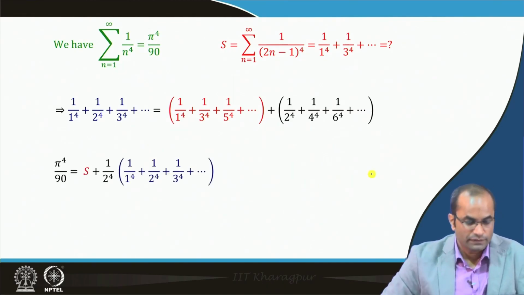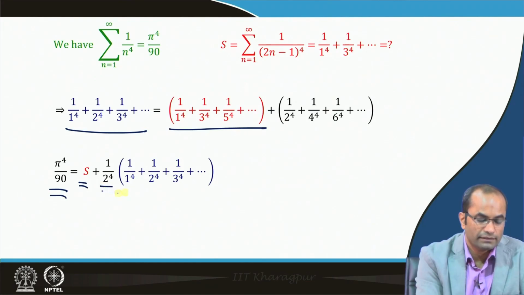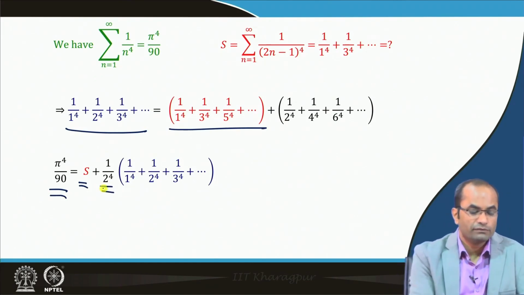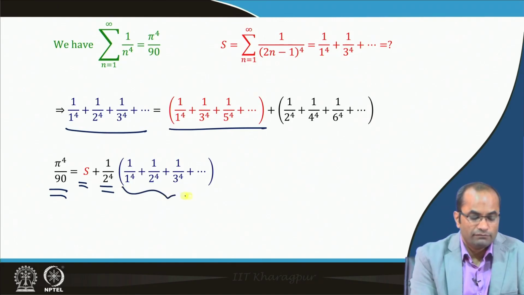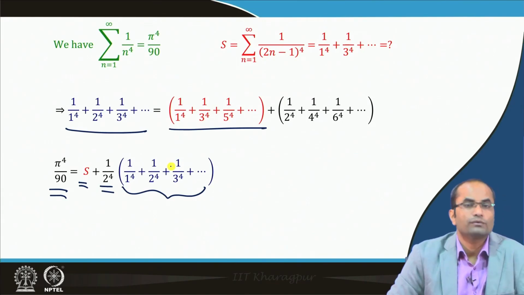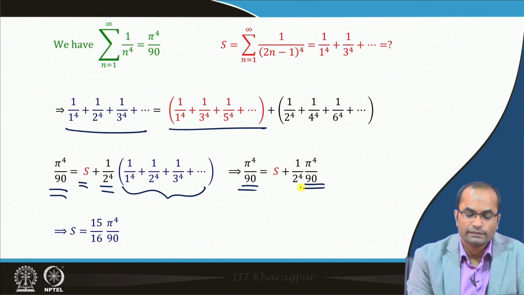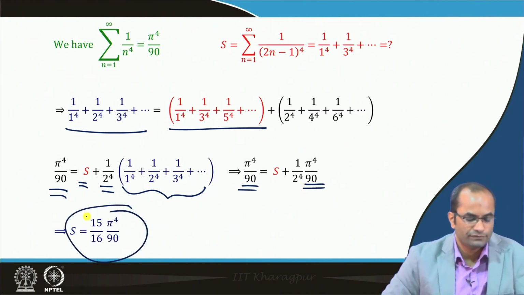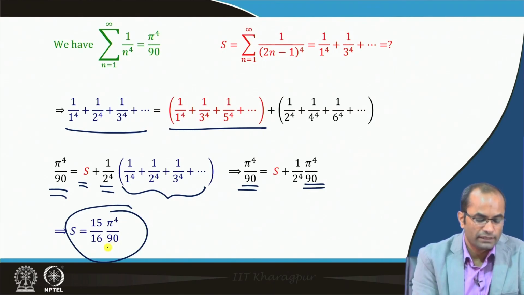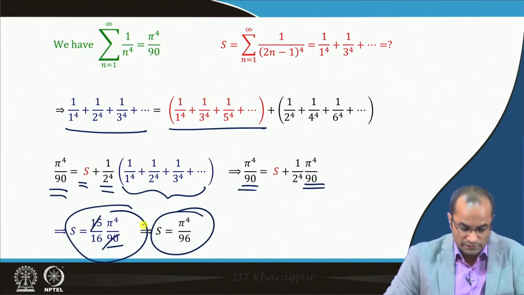So, first of all pi to the power 4 by 90, then this is the desired one, and we take the common factor 1 over 2 power 4, and then we have this series where again the sum is given as pi to the power 4 over 90. Then we can subtract it and we will get directly this as 15 by 16 pi to the power 4 by 90, and again it can be cancelled out to get pi to the power 4 by 96. So, that is the sum.